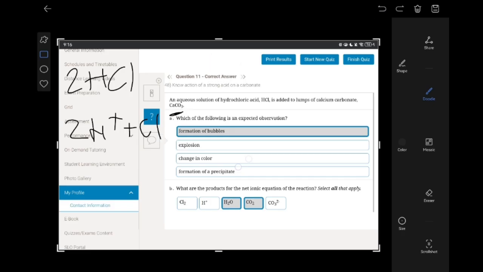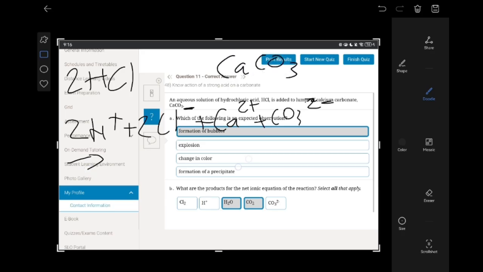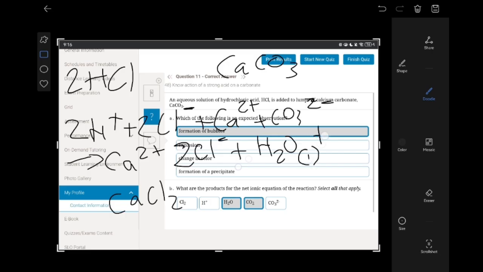Plus here we have Ca2 plus and CO3 2 minus. That's everything on the reactants, which is the CaCO3. And now we go Ca2 plus still, so this is the CaCl2, plus 2Cl minus, plus water, which is liquid, plus CO2, which is a gas. That's why they don't split up.